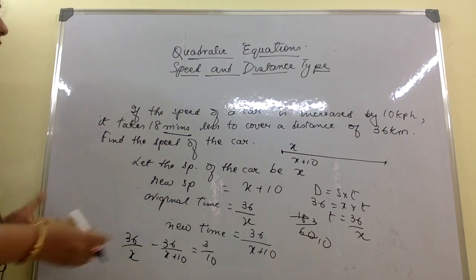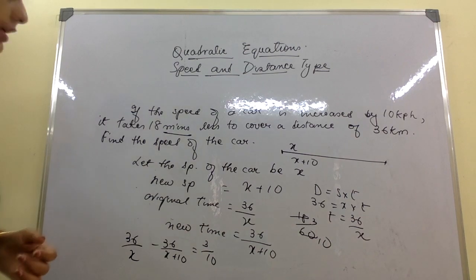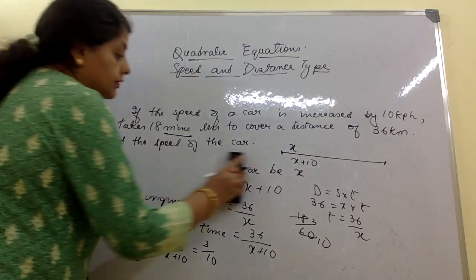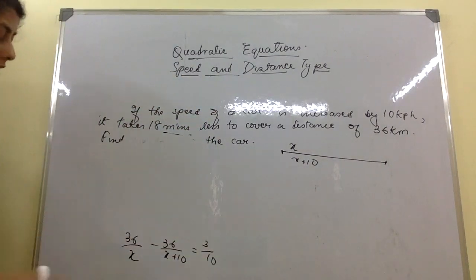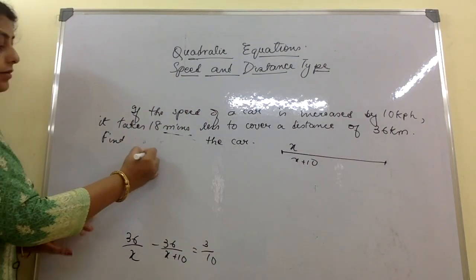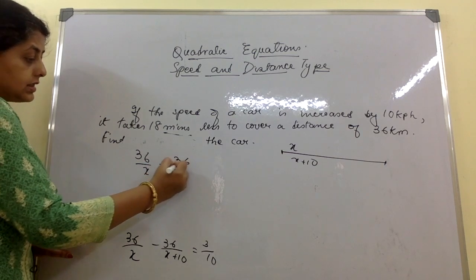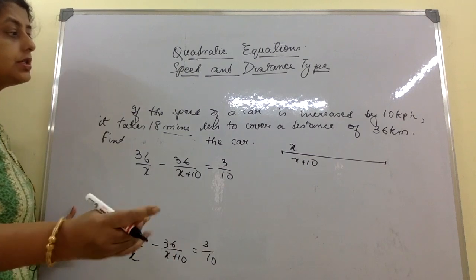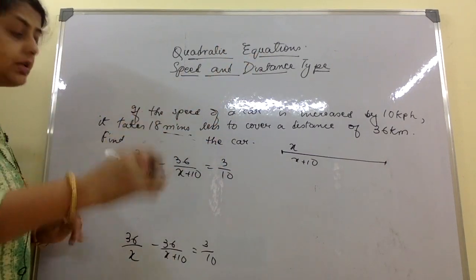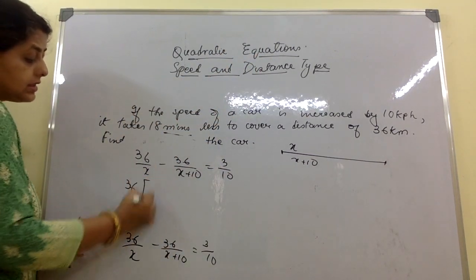Now I will work on this equation. Let me copy it: 36 by x minus 36 by x plus 10 is equal to 3 by 10. No need to change kilometers per hour to anything. Let's take the 36 outside.